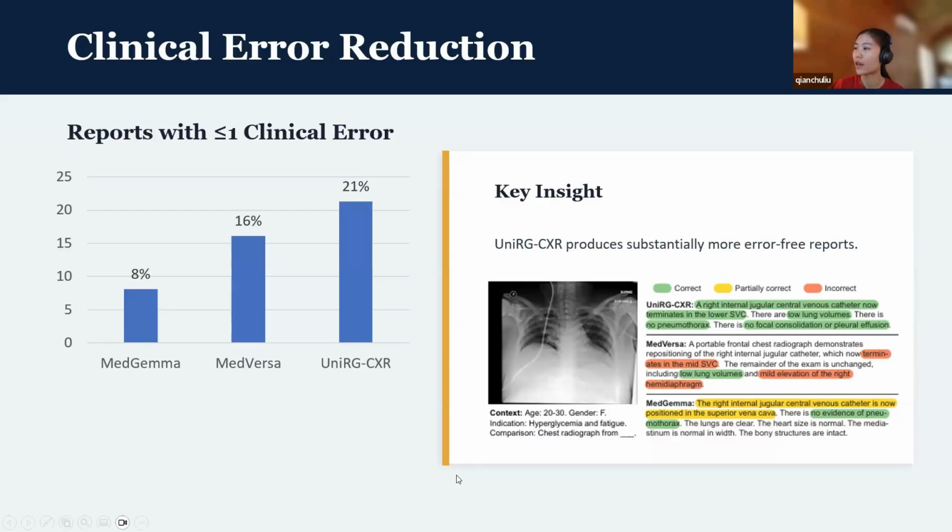On the right-hand side is an example of an X-ray case where UniRG-CXR is able to generate a complete and correct report, whereas earlier models are probably struggling with specific location details or not being complete enough to cover all of the important findings. That's, I think, a very interesting observation here.